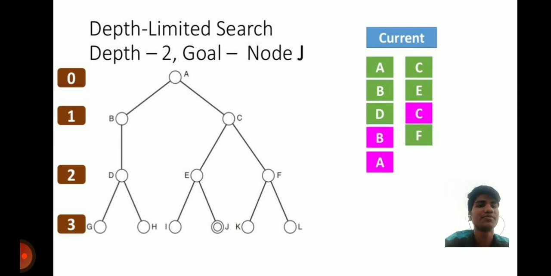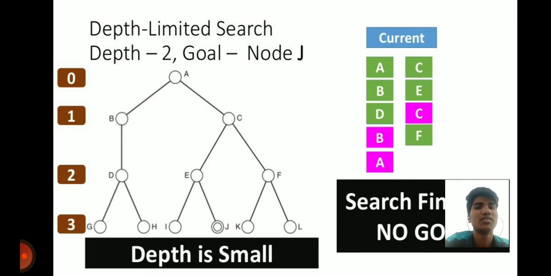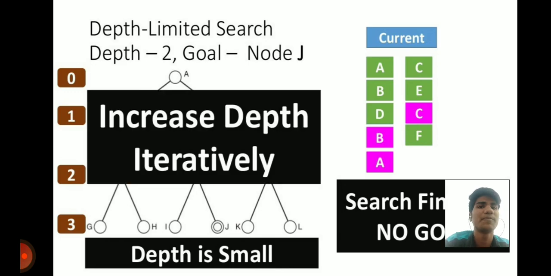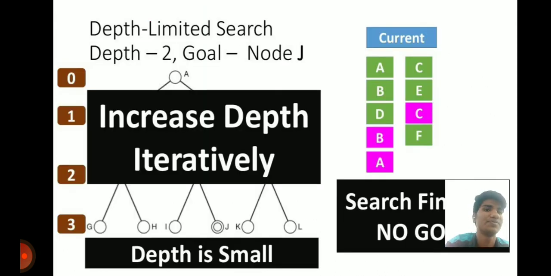Our goal node is not there, so it will stop there. I think all of you understand depth limited search.